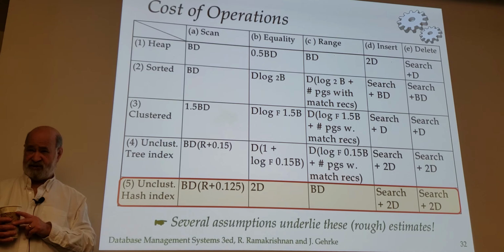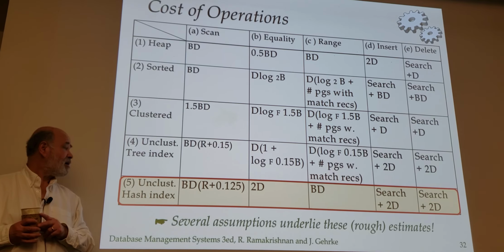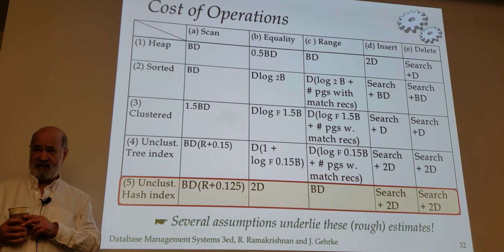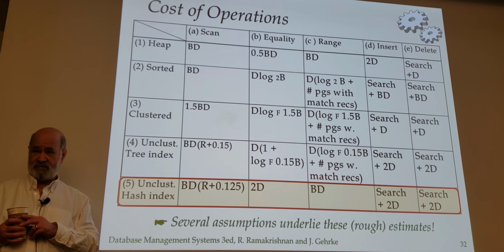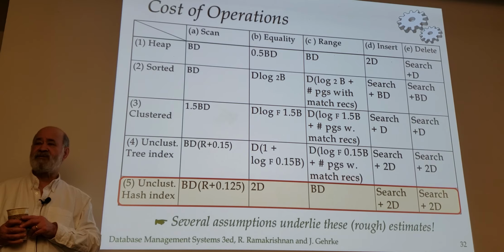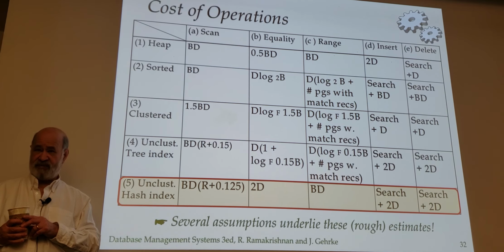So let's just say this again. B is the total number of blocks I would have if I have the records. That has to get multiplied by 1/10 because the data entries are 1/10 the size of the records. It also has to get multiplied by 1.25 because things are 80% full, 80% is 4/5, inverse is 5/4.